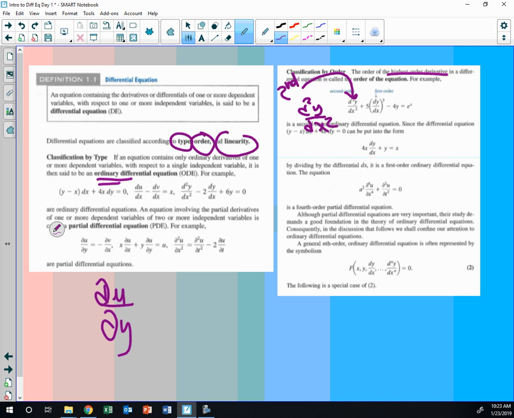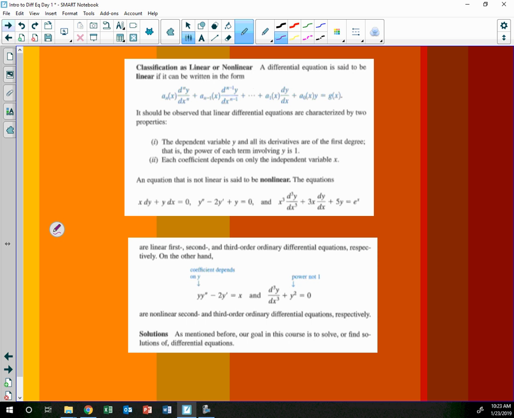And then the last thing that we have is linearity. Linear and nonlinear. If you think of a linear equation, it's y equals mx plus b, right? You notice that the variable has a constant next to it. The same thing holds with a linear differential equation: you have a derivative with a constant or a single variable.